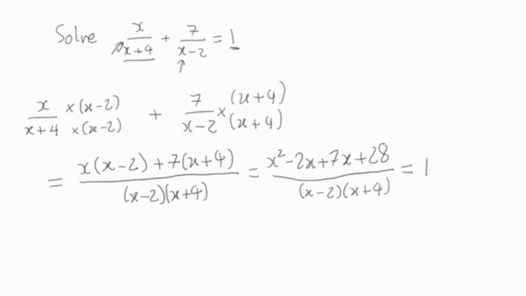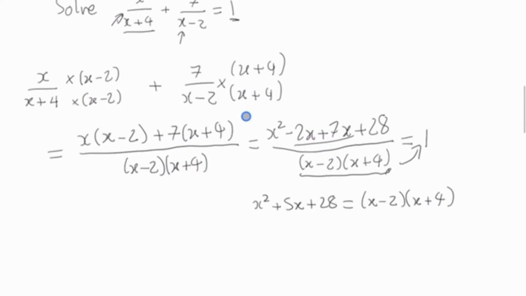So now what we're going to do, once we've combined these fractions, is we just bring over this whole term to here. So we're multiplying both sides of the equation by this. So we have x squared, so I'm going to simplify this. So x squared plus 5x plus 28, and that is equal to this thing right here.